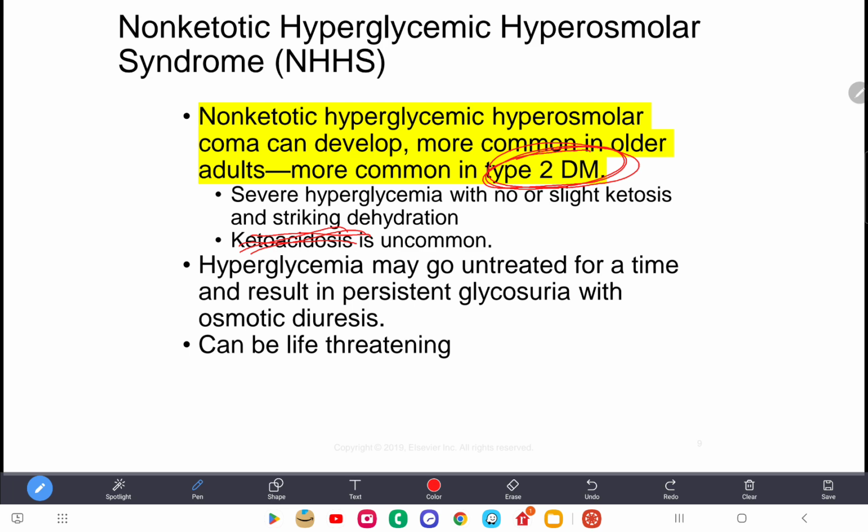You don't get energy from free fatty acid. Because when you get the energy from free fatty acid, you produce the ketones, and that is what causes the ketosis and the acidosis. Okay, so hyperosmolar state, diabetes type 2, non-ketone bodies.